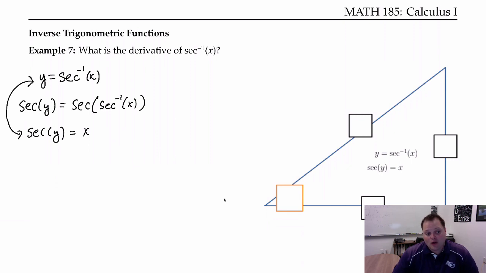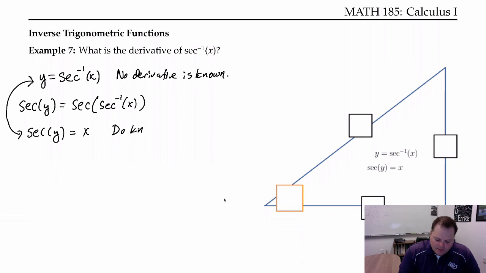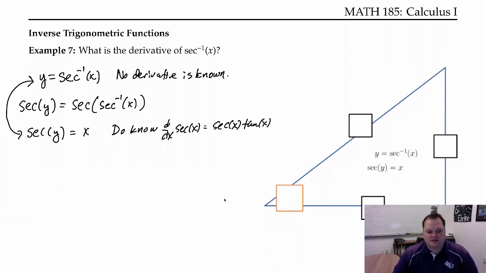I may not know how to take the derivative of secant inverse, so in other words, no derivative is known at this point in the course for this original function, but we do know that the derivative of secant is secant tangent. Well, if you don't know, you know now. You may have forgotten, but the derivative of secant is secant tangent.